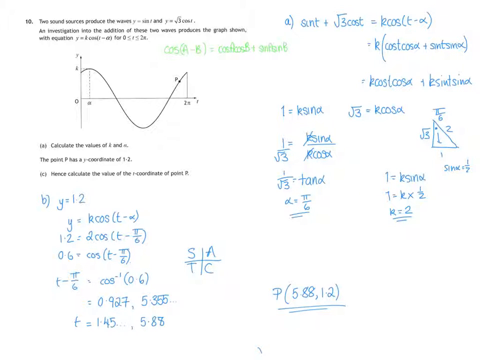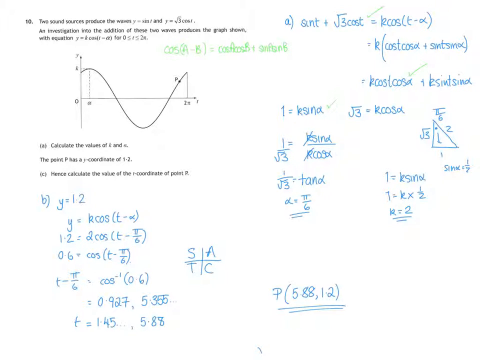So for the marks for this question, you get 1 for knowing to add the 2 together and set them equal to k cos of t minus alpha. You get 1 for correctly expanding k cos of t minus alpha. You get a mark for knowing to compare the coefficients, so knowing that because the coefficient of sine t at the start is 1, then the 1 has to be equal to k sine alpha, or the equivalent for the cosines.